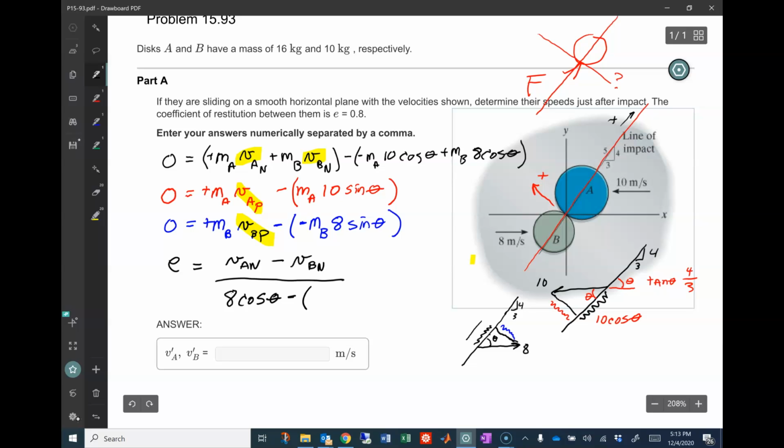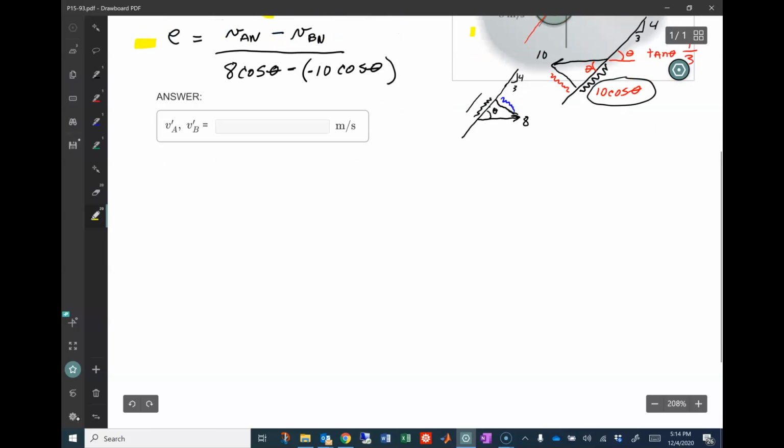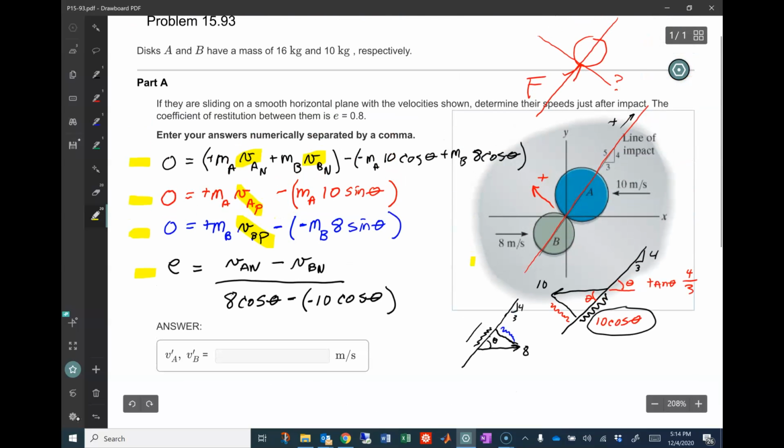The velocity of A in the normal is this piece right here, so that would be 10 cosine theta, and he's in the negative direction. So that'd be right there. Now, how many unknowns? 1, 2, 3, 4. How many equations? 1, 2, 3, 4. So then you just do algebra and work it out. That'll get you the velocities. I think that's all he wanted. So that's how you do that one.